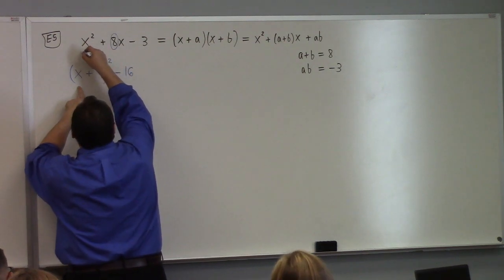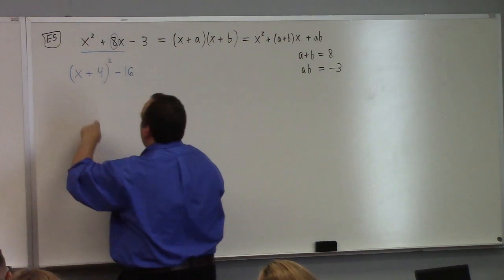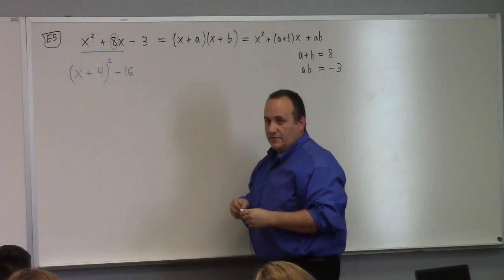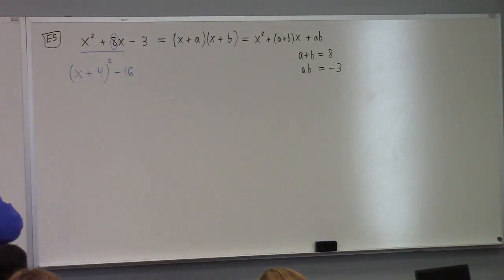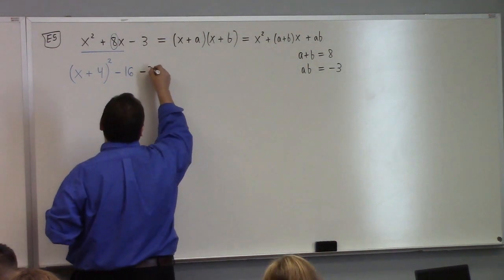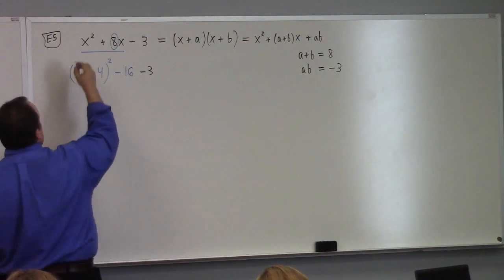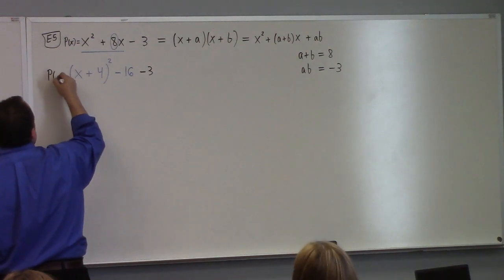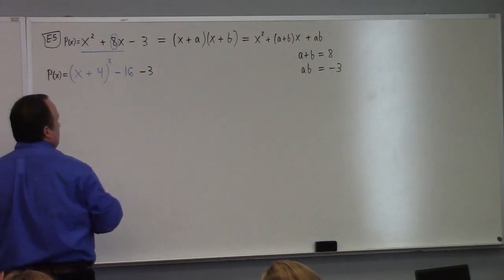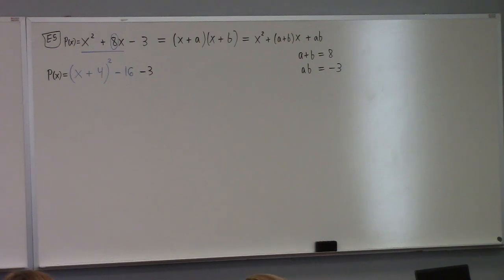What I've written in blue is identically equal to what I underlined in blue right above. The 3 rides along. If I called this thing p of x, to give it a name, this is exactly p of x again. Those are equivalent expressions.